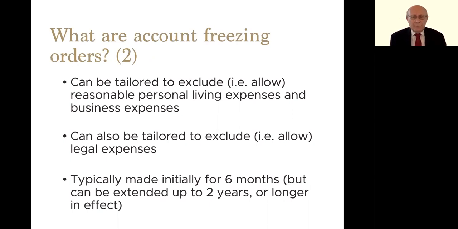But certainly in the account freezing orders that I've seen, the initial period has been set, say, at 6 months, to allow inquiries to be made by the authorities as to where money has come from, what is happening with the account transactions. And also that, of course, allows time for the account holder and his legal team to get together information and evidence to seek the variation of the freezing order or the setting aside of the freezing order.